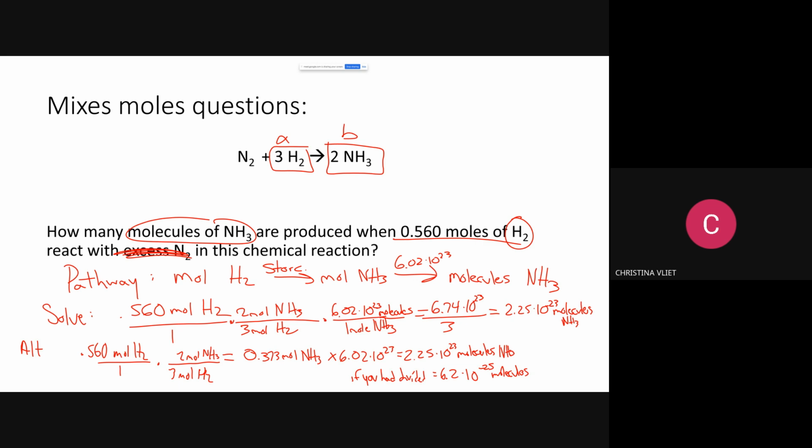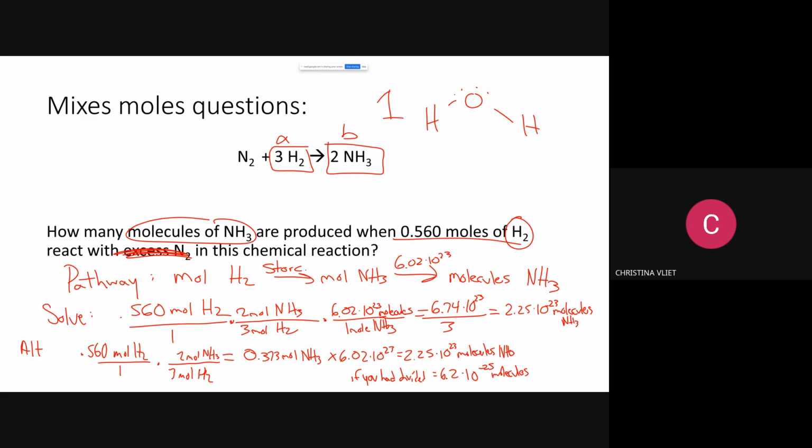Just saying, this is, for example, one molecule. Can you have 0.0000000 of a molecule? Remember, when we're counting amounts, it's like counting objects or counting species.